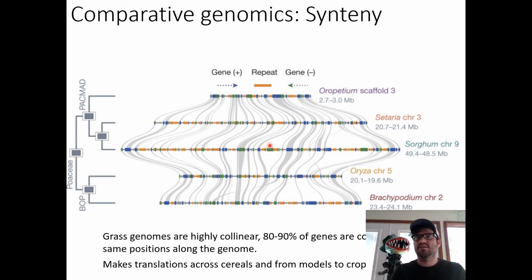I'm trying to see if there are any conserved ones here, and I'm not identifying any. We can use this to identify which genes correspond to each other and use this for downstream functional analyses. It makes it really nice to translate basic discoveries from models to cereal crops, or to species in general.